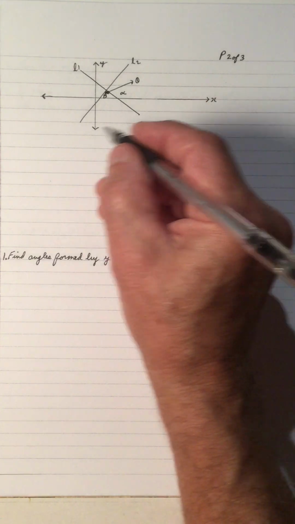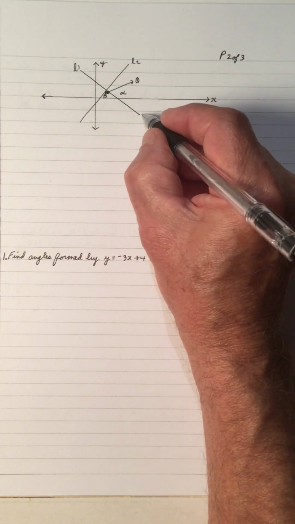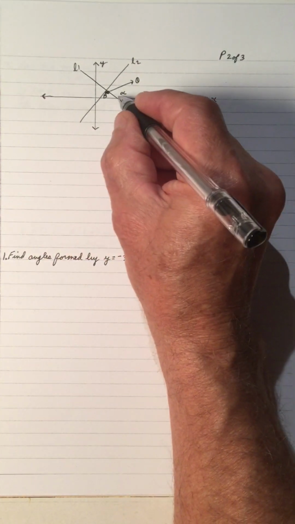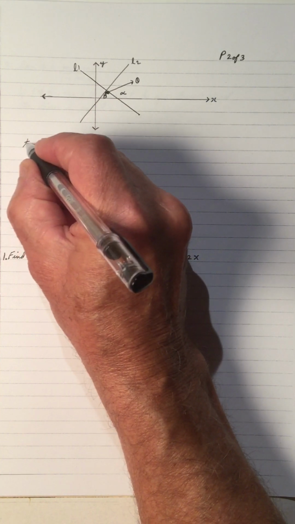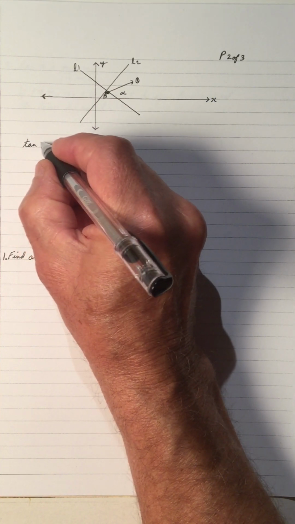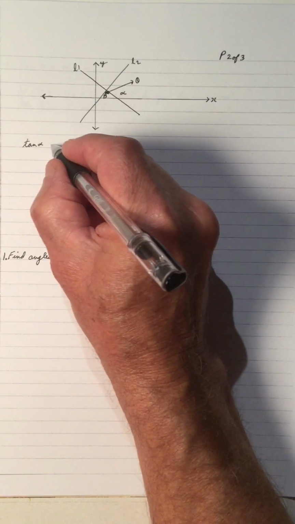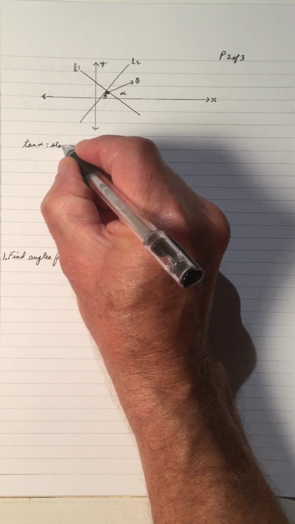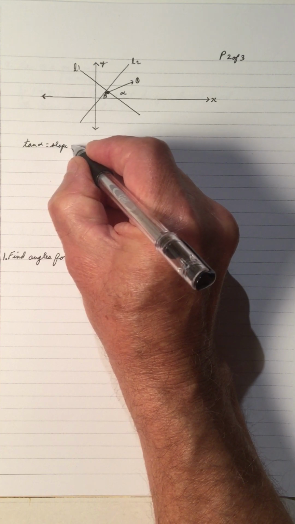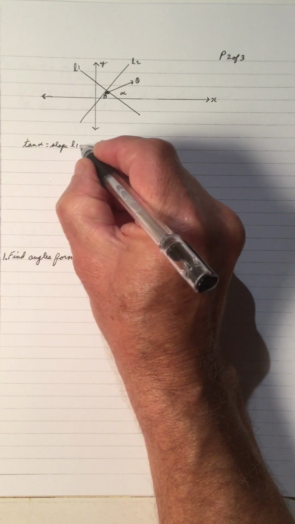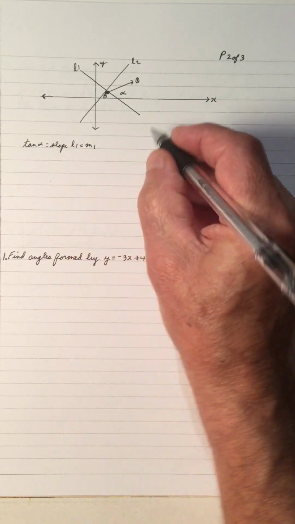If we take line 1, the tan of alpha is the slope of line 1, and we can call that slope M1.